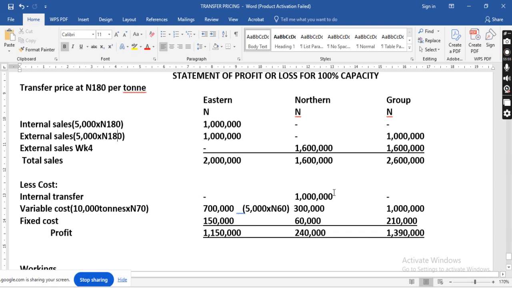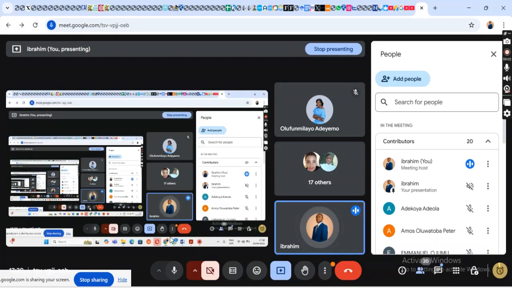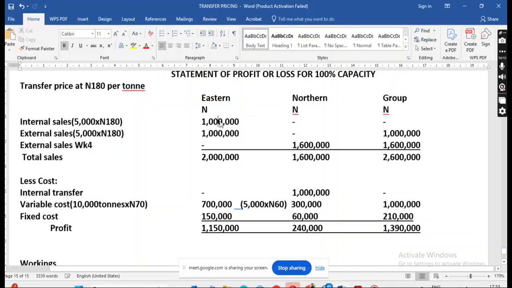This is 180, right? So the transfer price will change. So when we come back, I have class. Oh my God. Okay, this is 530. Okay, that's fine. You can still do 5,000 times 180. Quickly. 900,000. Okay.